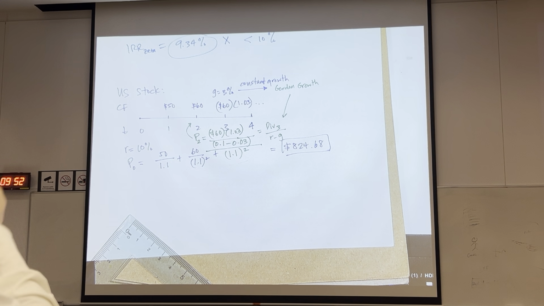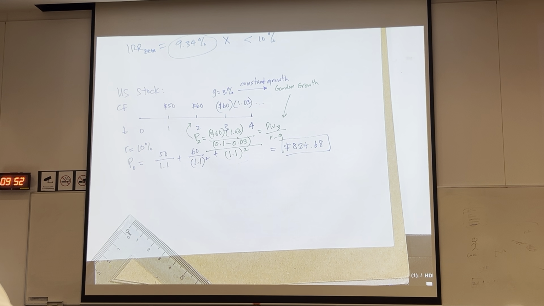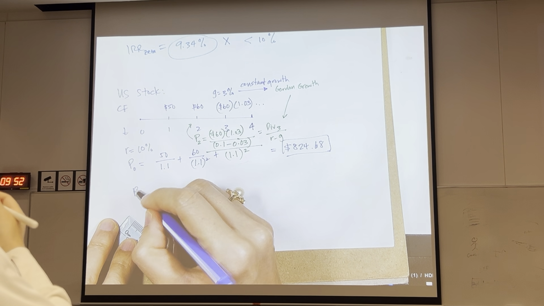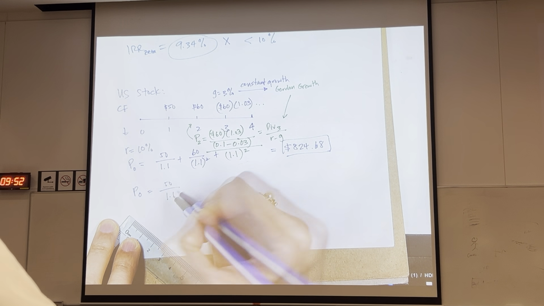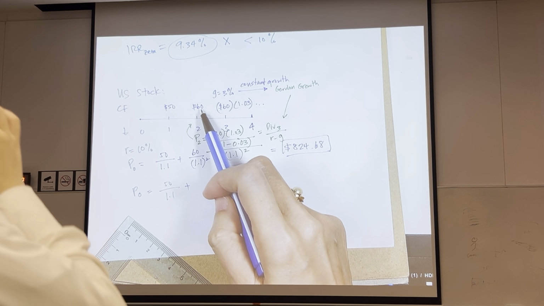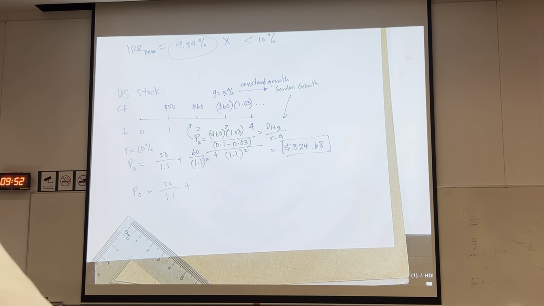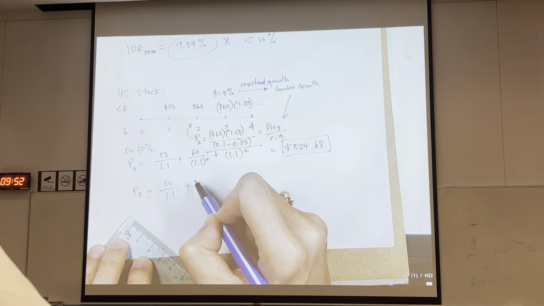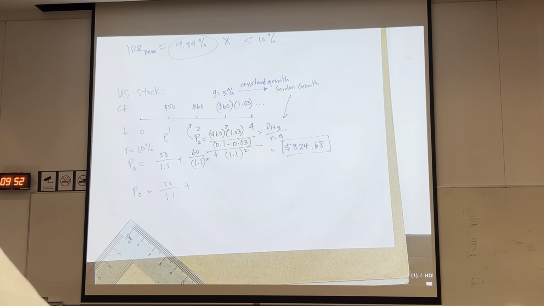But actually, you can even stop here. Another way is to just do the first year dividend, and you know that the second year dividend will grow from here onwards by 3%. So you just take the price at time period 1.